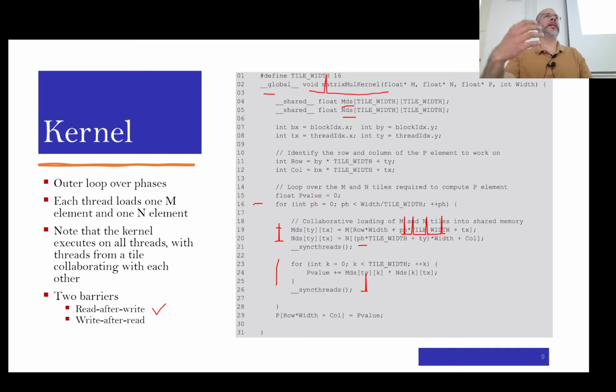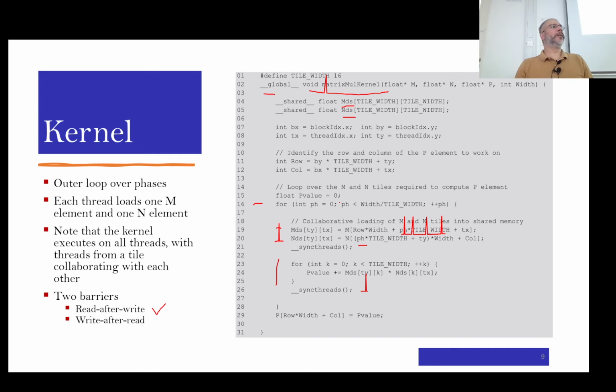For example, one thread may be done and start going to the next tile and copying into the shared memory, but a previous thread is already using it. So you have another barrier here to ensure that all the threads are done using this shared memory, so that you can start utilizing the same memory again. If of course you were using a different memory, then you don't need this barrier.